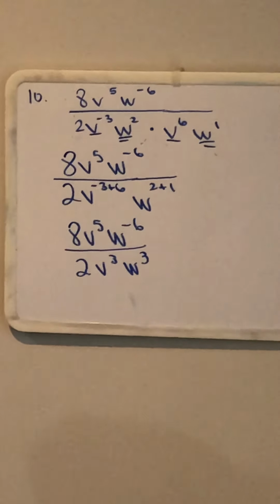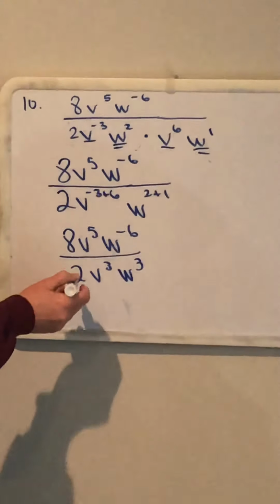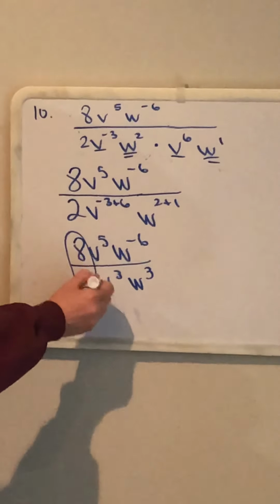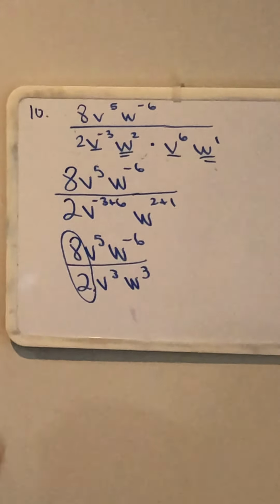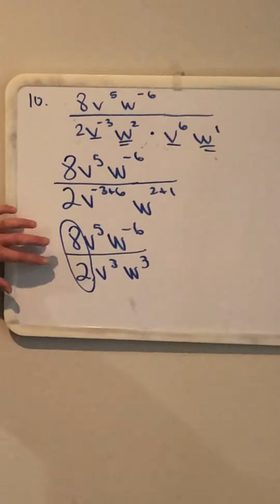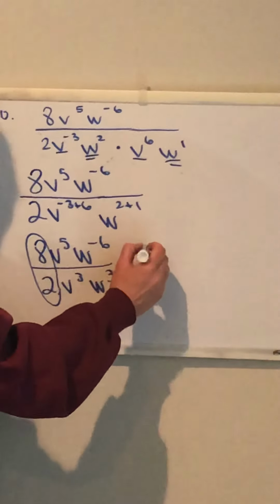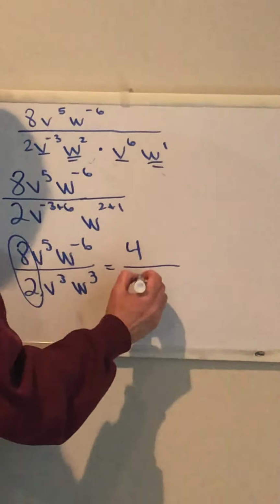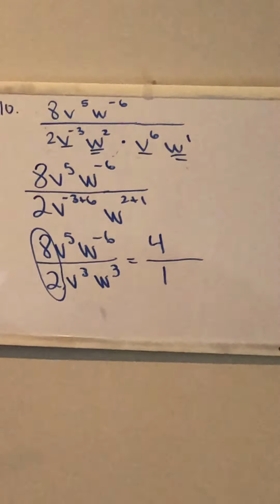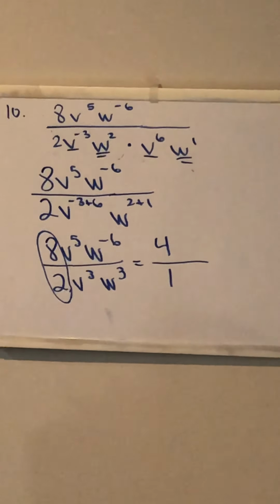Now there's a couple different things that have to happen here. One, this reduces the old-fashioned way. 8 over 2, they're both divisible by 2, so it becomes 4 over 1. Now I'm going to relocate any exponents that are negative.